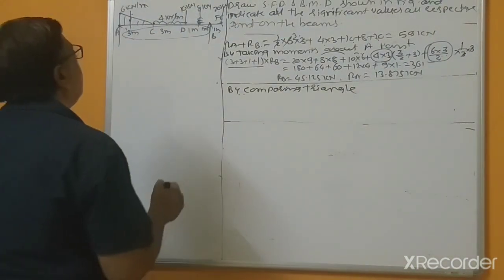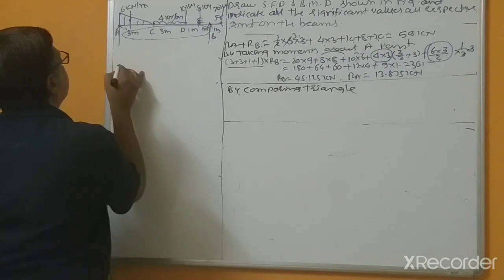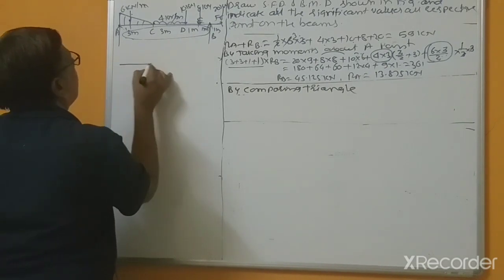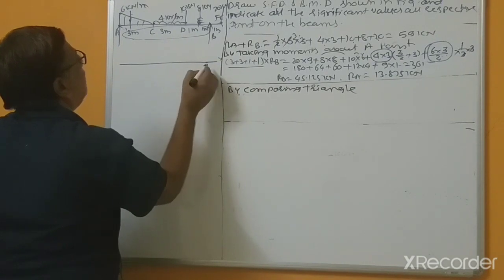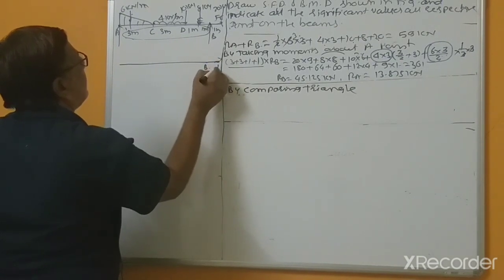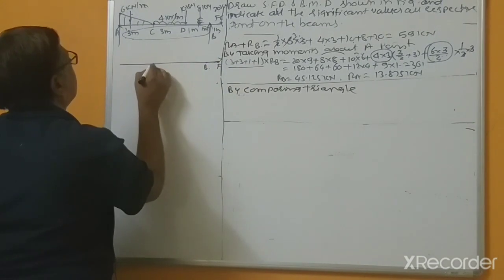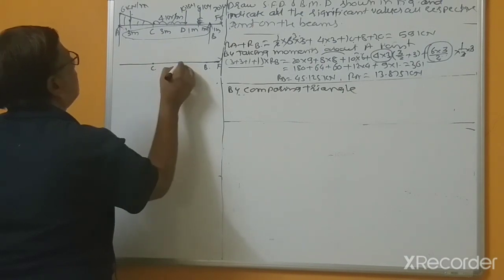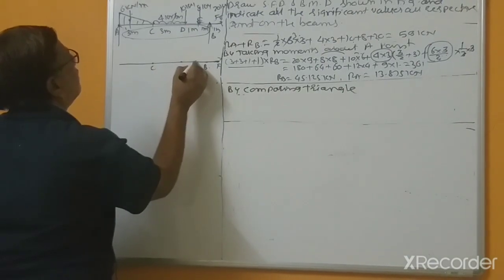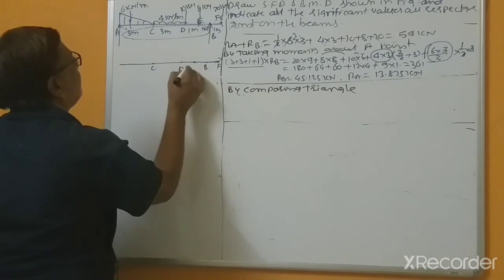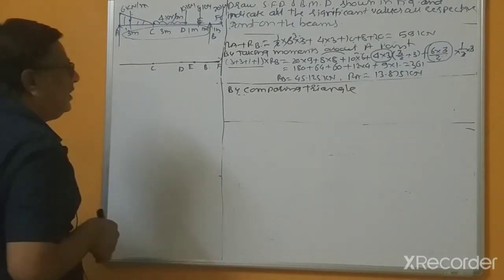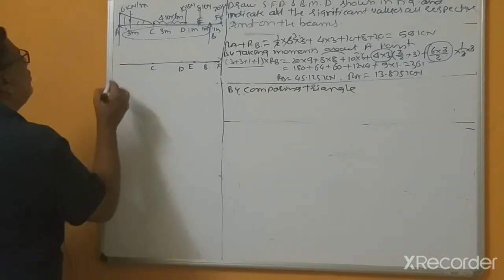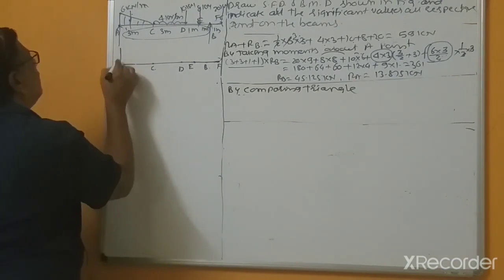So that's why directly we can draw the shear force diagram. B point, F point, C point, D point, and this is E point. RA equal to 13.875.